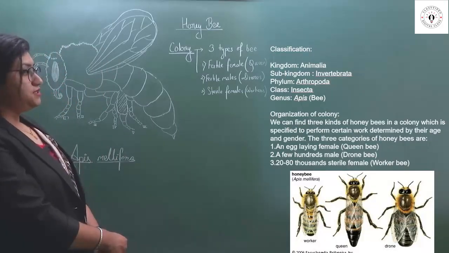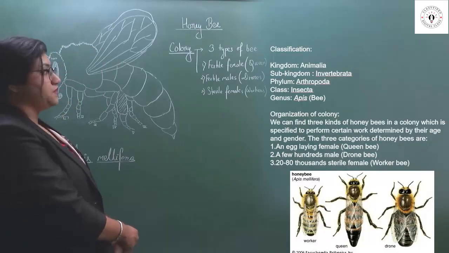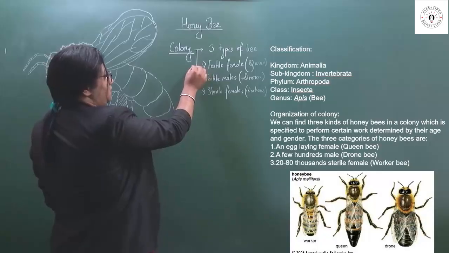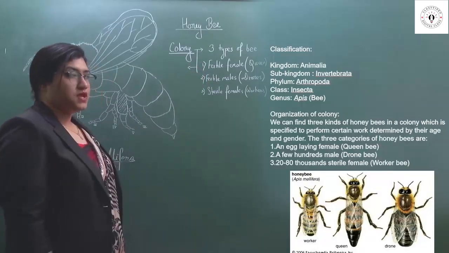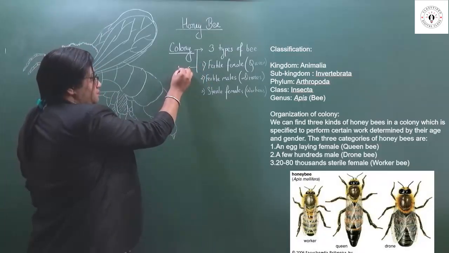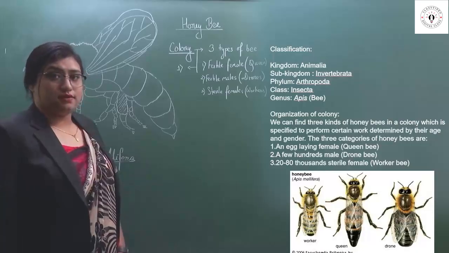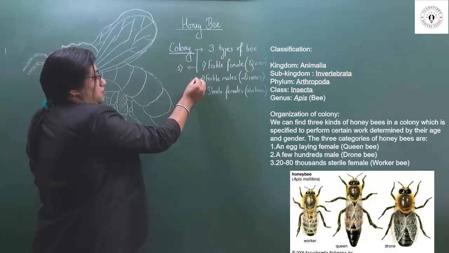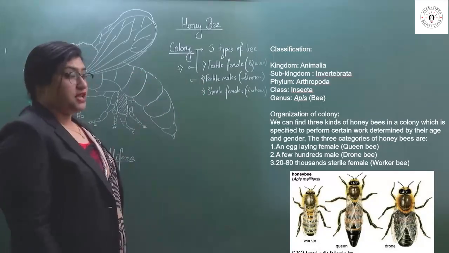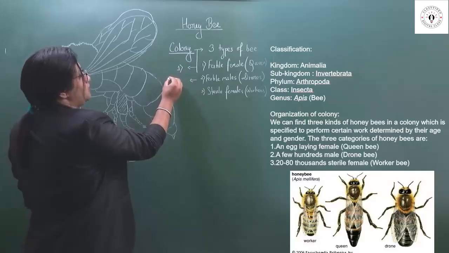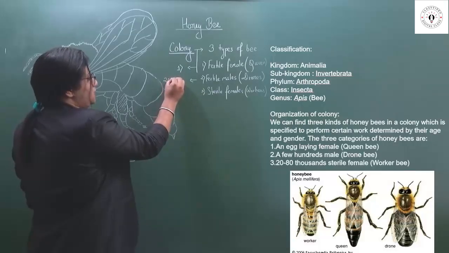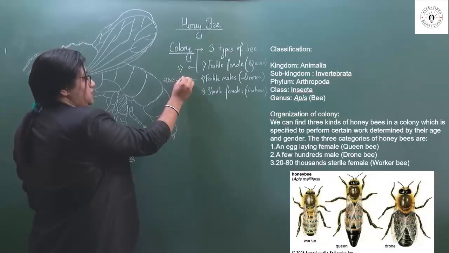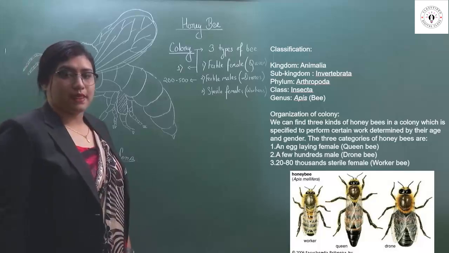Let's go to the organization of the colony again. The queen is only one in number. Drones are a few hundred; let's take it as 200 to 500 drones.